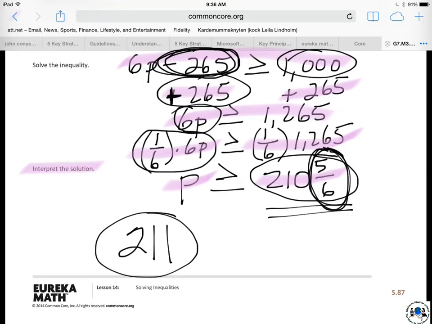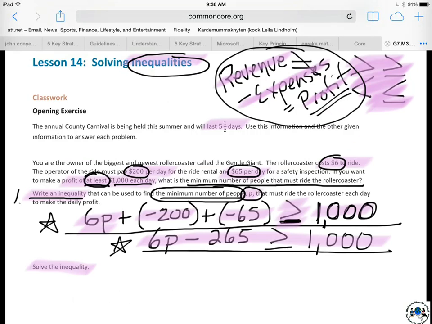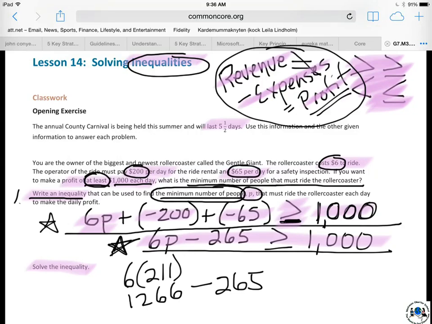So if we plugged 211 into this one right here, we can go 6 times 211, which is 1,266. Okay, subtract away 265. We would get $1,001 is greater than or equal to 1,000.